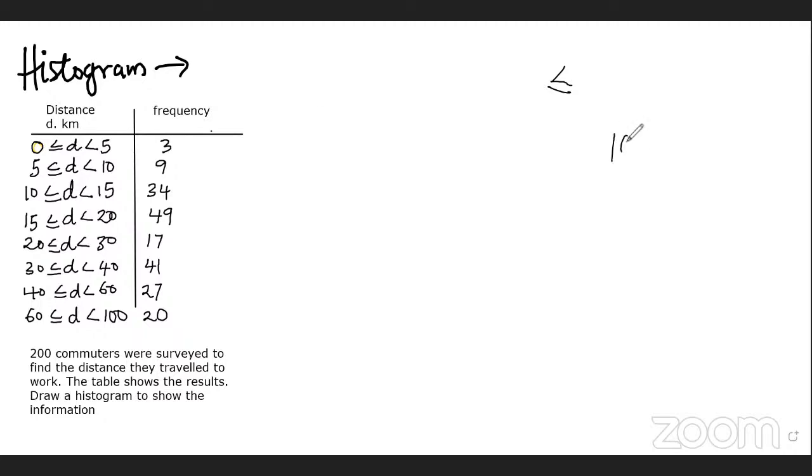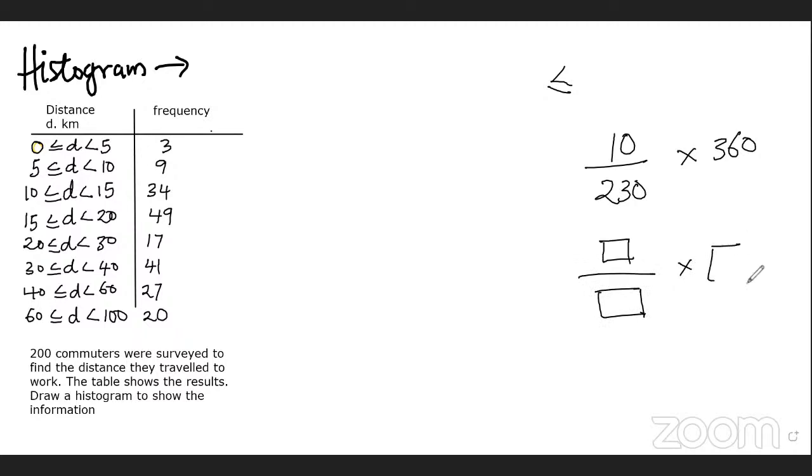Okay, 10 divided by 230 times by 360. Use your fractions button, okay? Then you times it. Or you do 10 divided by 230, put it in bracket, times 360. And you'll get the correct answer.